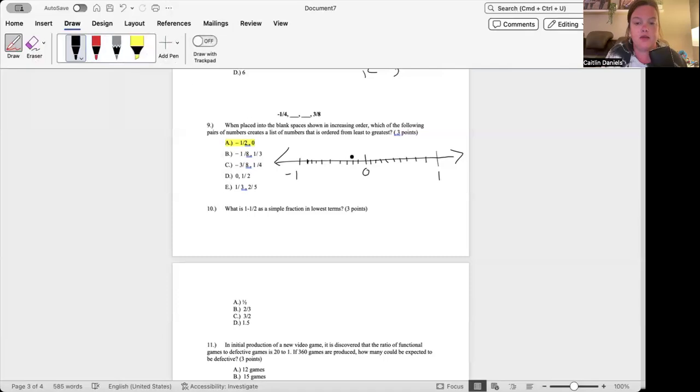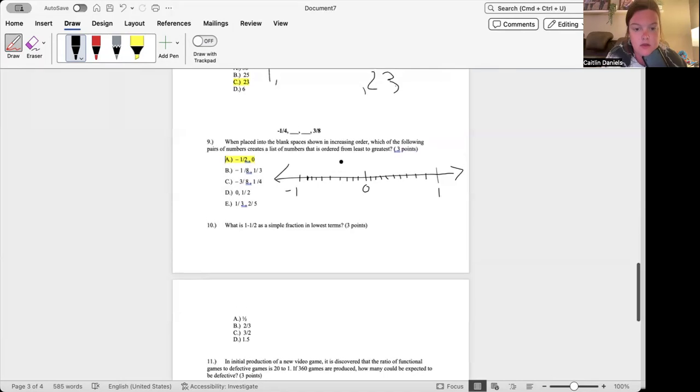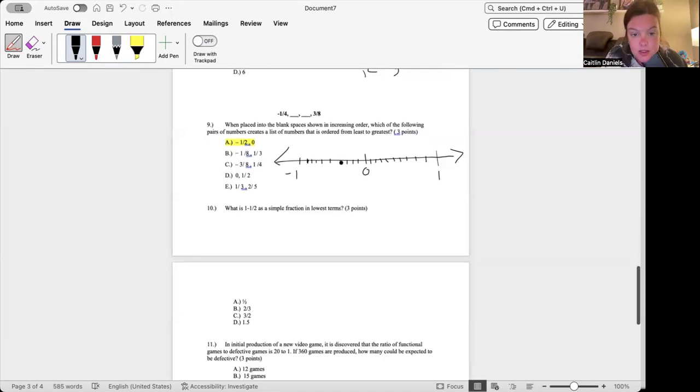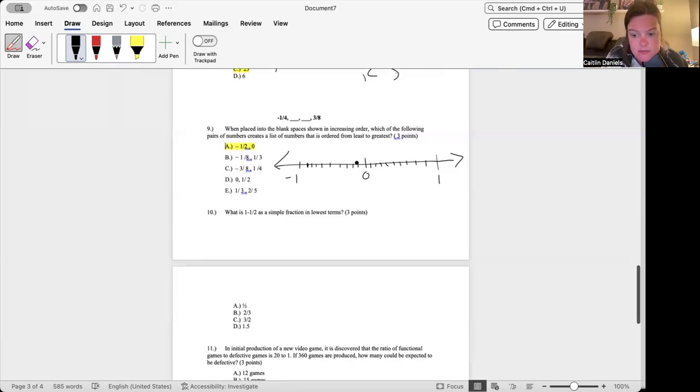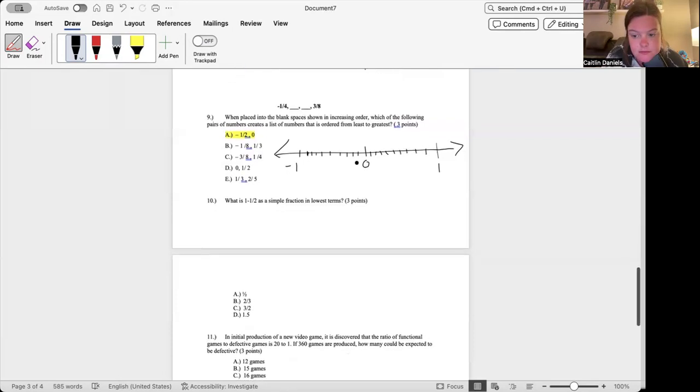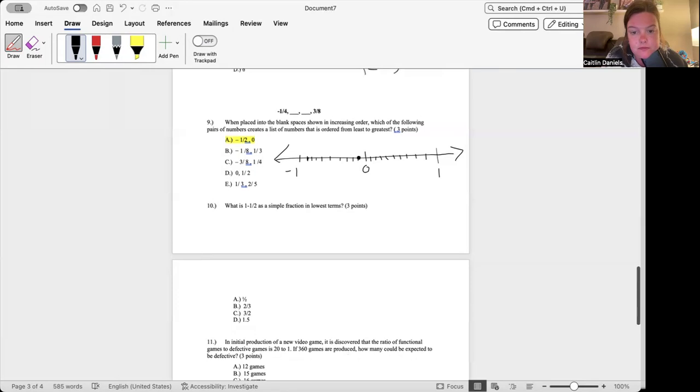All right, B is -1/8, and then it is 1/3. So the negative is going to be on this side of the 0. I mean, 1/3, that's not 1/4. -1/8 would be somewhere in here, I suppose.